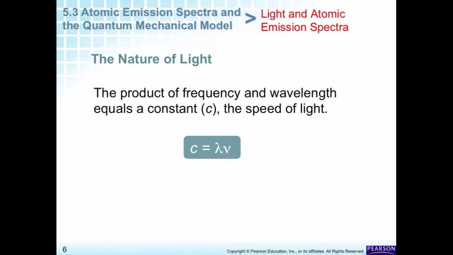Okay, the nature of light. The product of frequency and wavelength equals a constant c, the speed of light. c equals wavelength times frequency. So in this slide, we have c, which is the speed of light, lambda, which is wavelength, and nu, which is frequency.